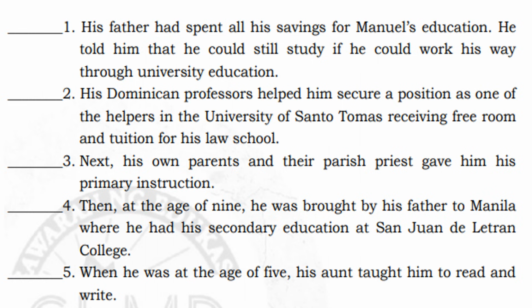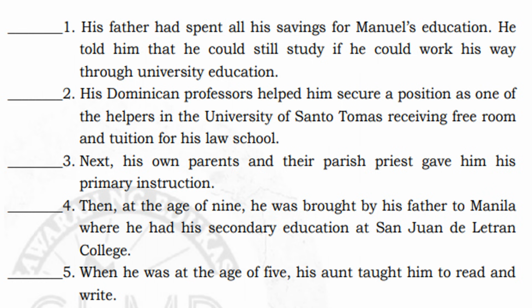His father had spent all his savings for Manuel's education. He told him that he could still study if he could work his way through university education. Number 2, his Dominican professors helped him secure a position as one of the helpers in the University of Santo Tomas, receiving free room and tuition for his law school.